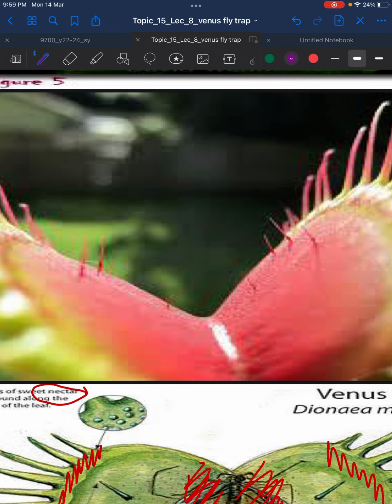Let's say this hair is deflected, this is the first one, and the time starts from 0 seconds, 1 second, and so on.